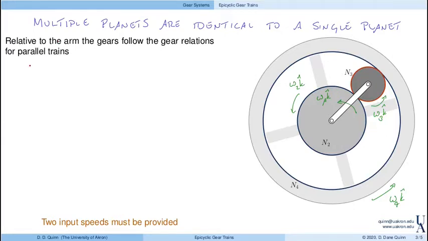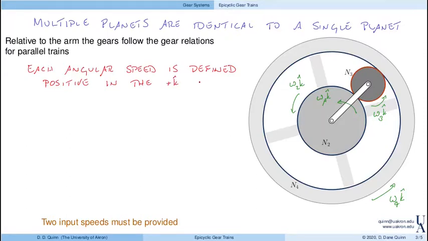I'll point out, and we mentioned this when we were analyzing parallel gear systems, that each angular speed is defined positive in the plus k direction.